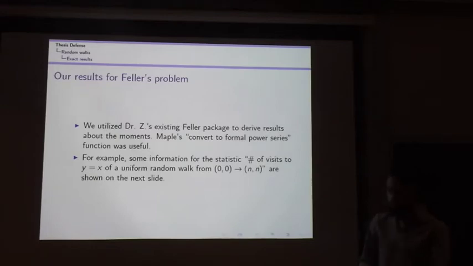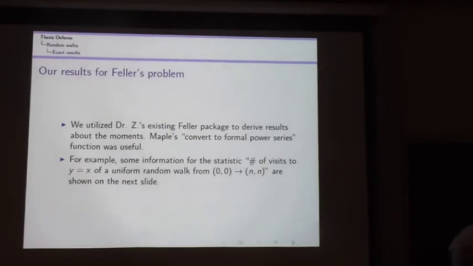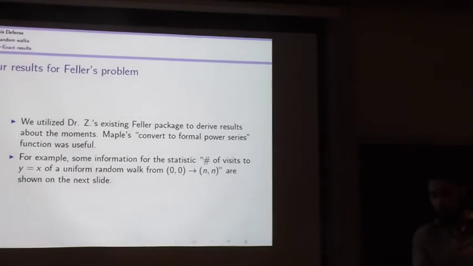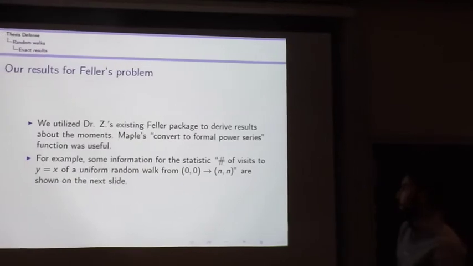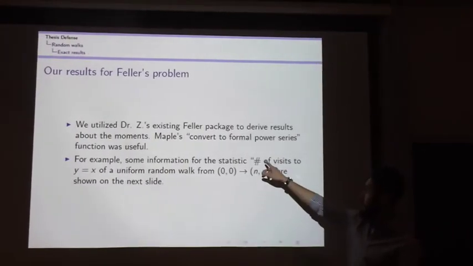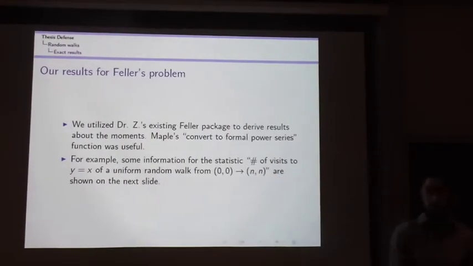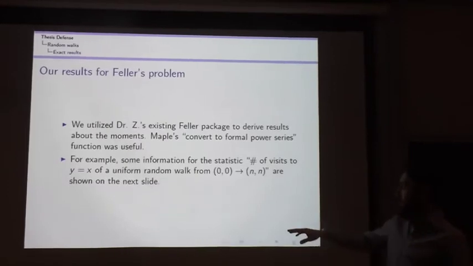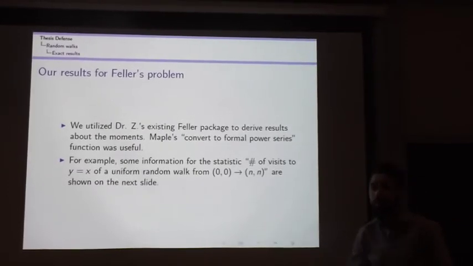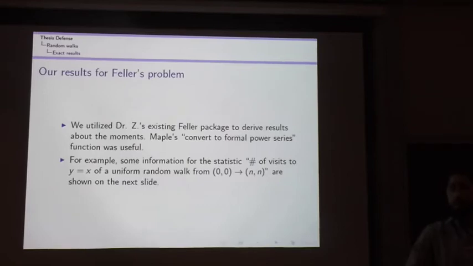It's a little tricky, because that package is the sum of all the generating functions for all values of n, so it's not a finite polynomial. But if you look at a coefficient, it turns out to be a finite polynomial. So we had to do some extra work using Maple's convert to formal power series function. But the point is, in the end, we were able, in some of the cases, to get the moments of those statistics that I talked about before in terms of n. Here n is a symbolic variable.